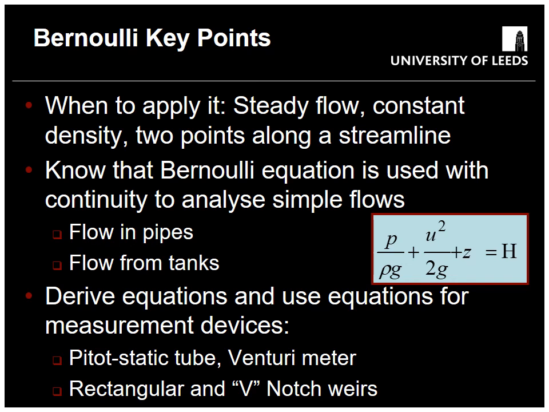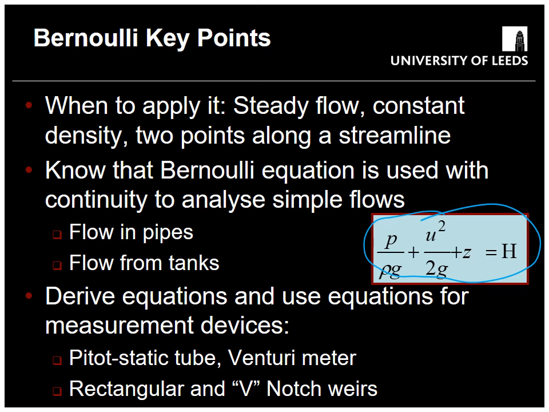Here are some key points of the Bernoulli equation and what we've seen in these classes. We apply the Bernoulli equation to steady flow along a streamline. It is used with continuity to do some analysis, and this is the equation we apply: P over ρg plus U squared over 2g plus Z equals H, a constant.